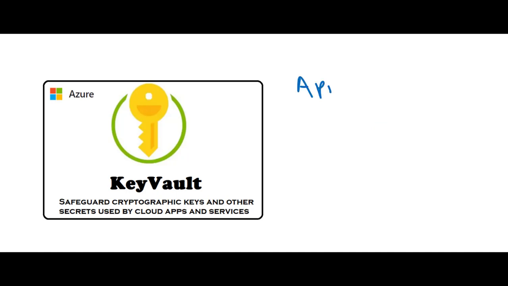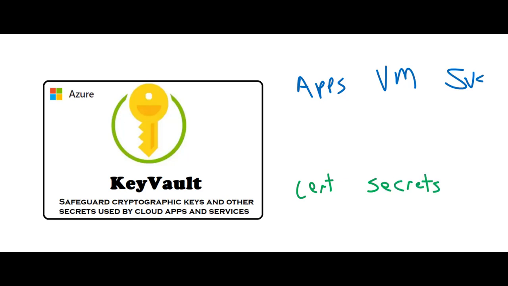If I have my applications, I have perhaps my virtual machines, I have some services, whatever they may be, and then I have got some certificates. From a security perspective, I've got some secrets, from the perspective of perhaps encryption, and I've got some other keys.